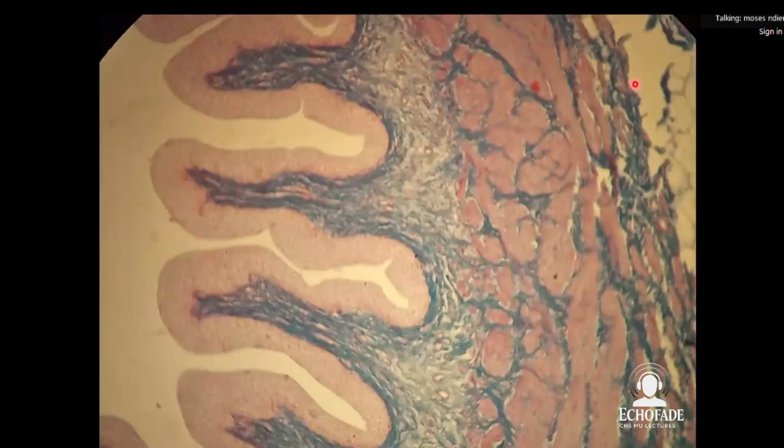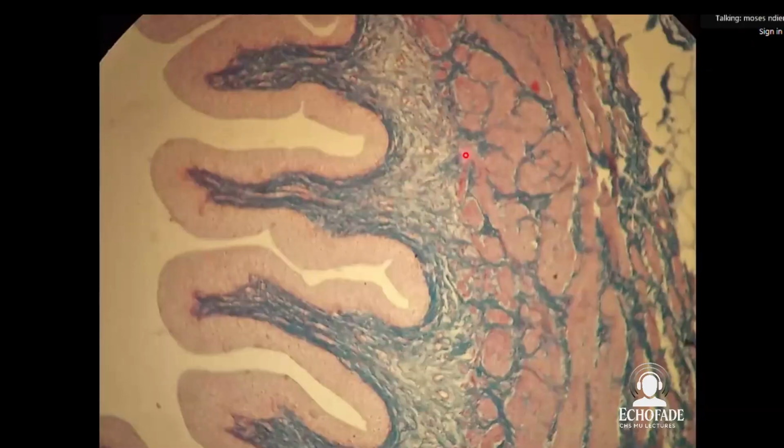The part covered by peritoneum, which is the superior part and also the posterior part of the urinary bladder, will be covered by a serosa. Where we have a serosa, we'll have a subserosal layer having some connective tissue. So that is the structure of the urinary bladder.